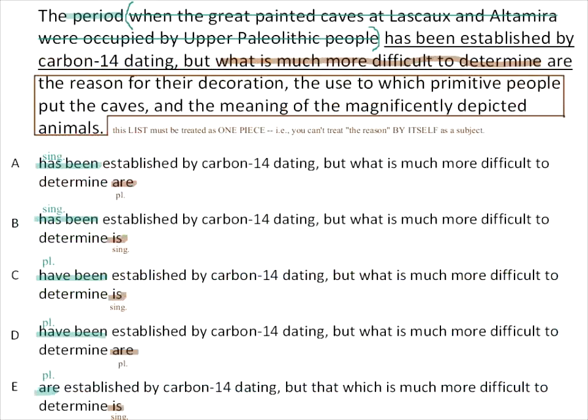Okay, excellent. So if we step back to the question here, that's why this is the subject of this sentence. Okay. Questions.